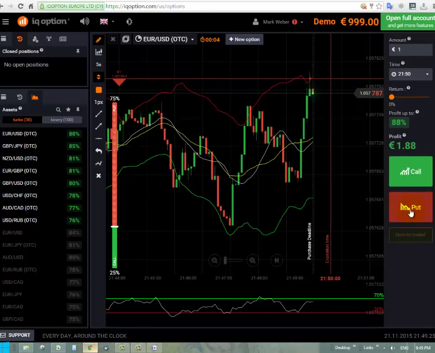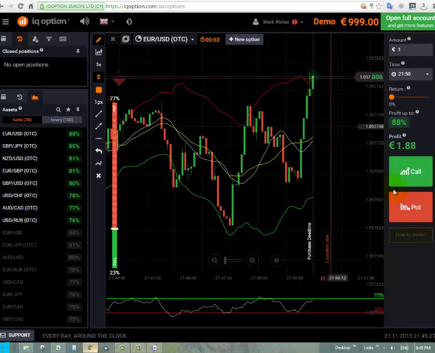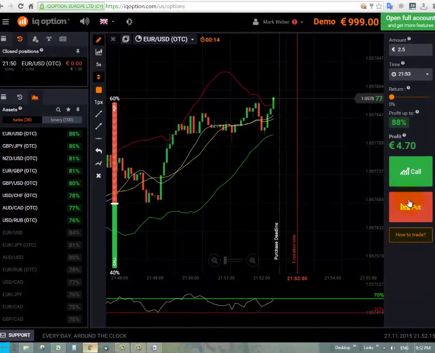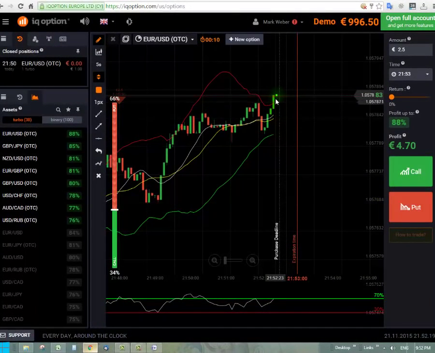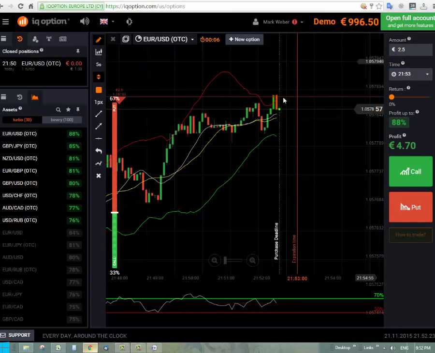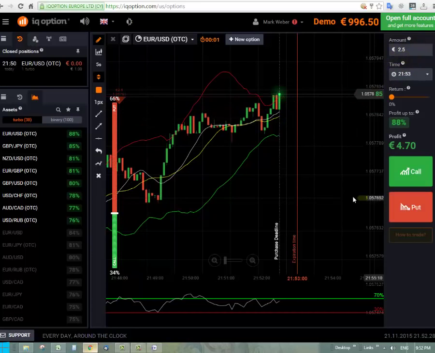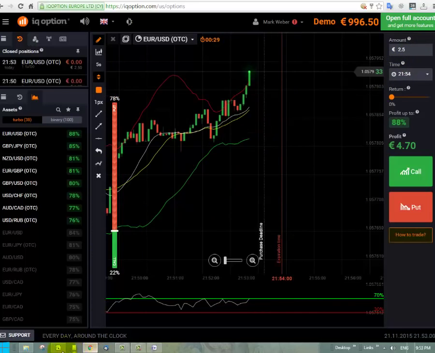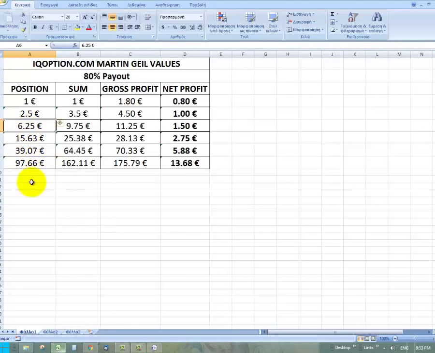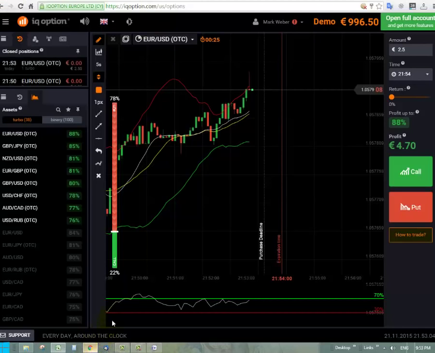Now we hit the upper line, so we made a put position. Now that the price went up the band, we put the second position of €2.5 for a put. We will open a third position of €6.25.